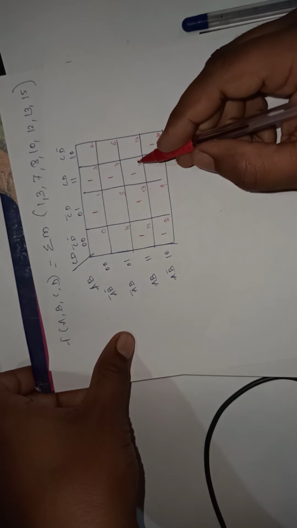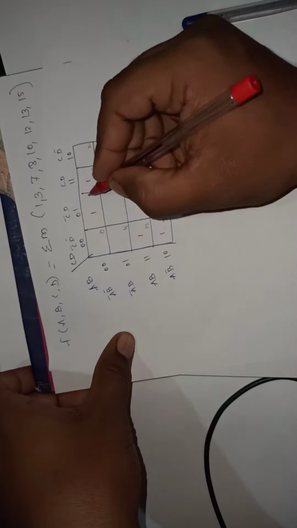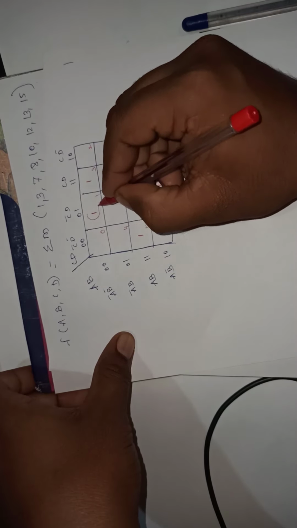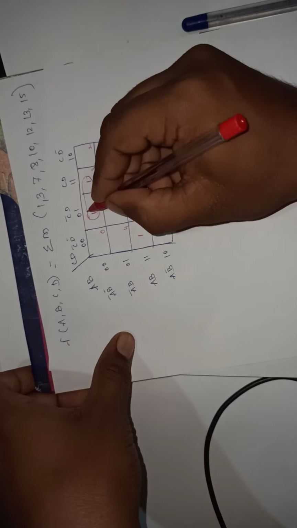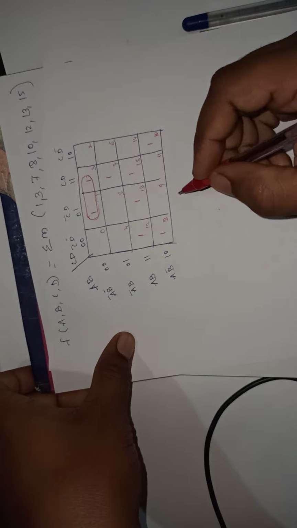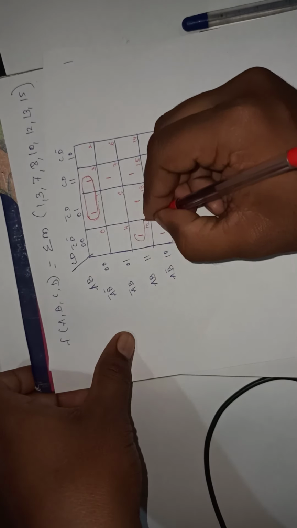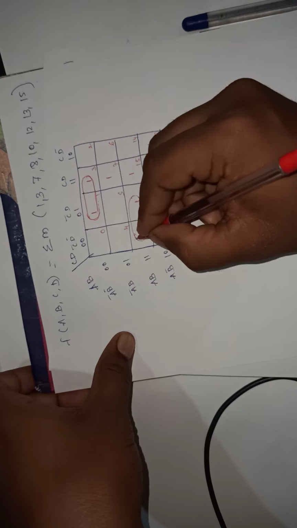Now you have to do the pairing. Here this is the first pair, here is another pair. There is no chance for a quad or octet.